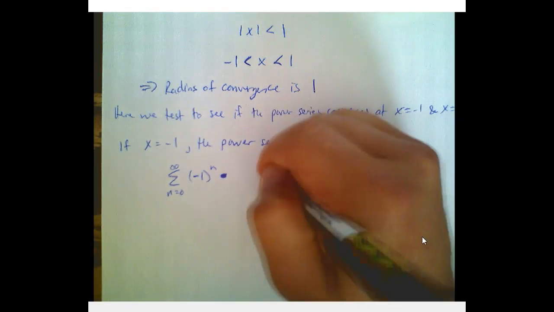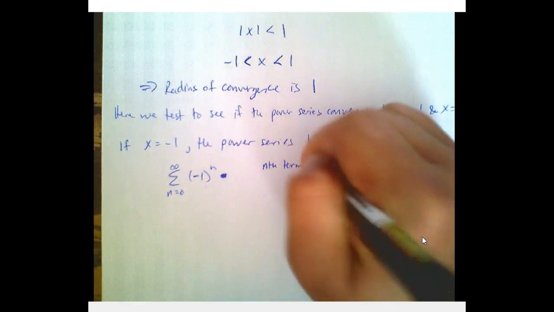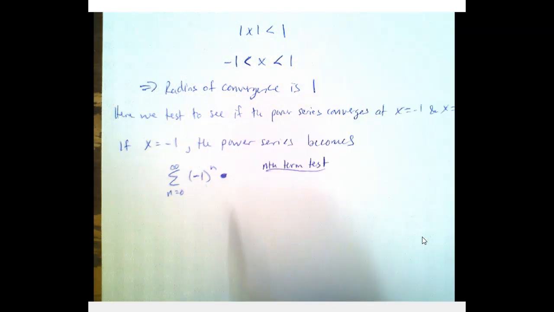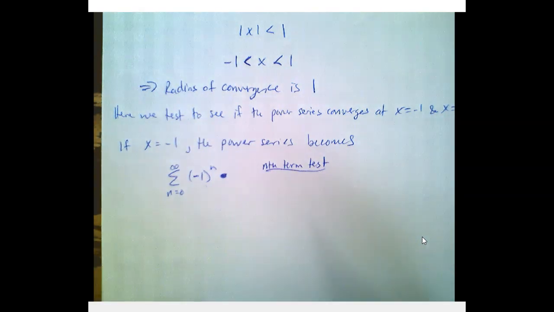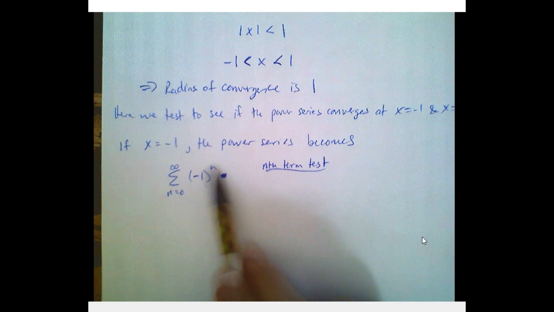So let's use the nth term test to see whether this converges. Recall that the nth term test says that if the limit of the terms of the sequence doesn't go to 0, then we have divergence.